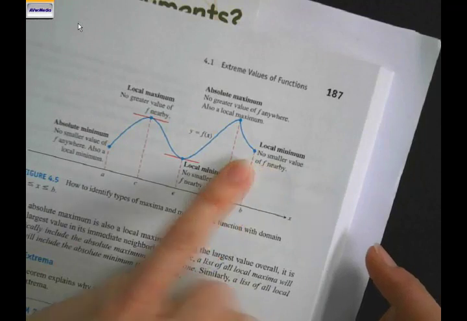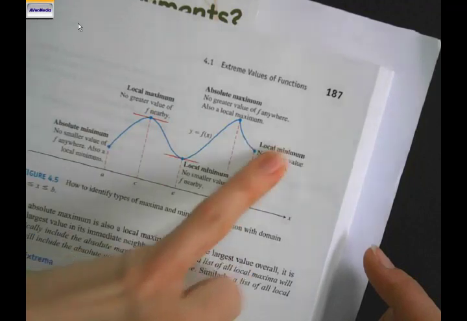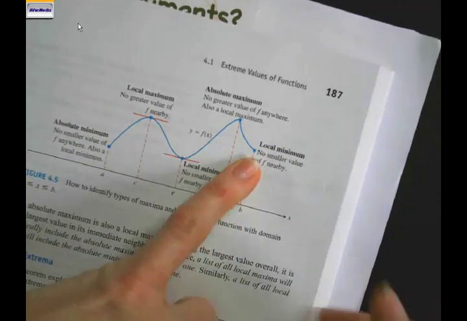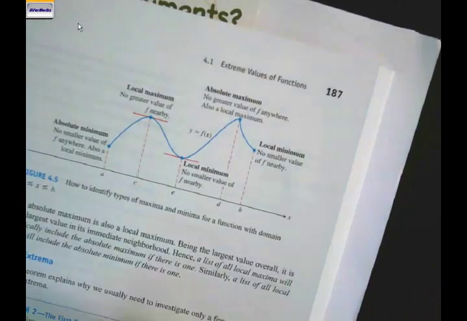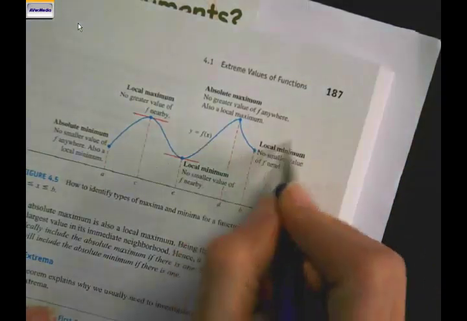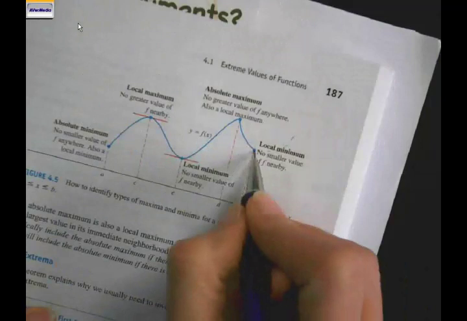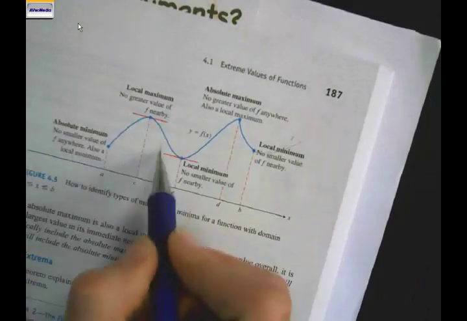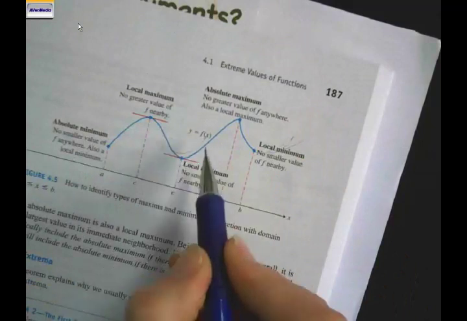There you go. If this is considered concave up, that's the lowest point in the concavity at that point. So you're looking at these as kind of like U's. If you extended this, it's like your U shape, and so it's the pit of the U shape. And this is the peak of a U shape, and this is the pit of a U shape.